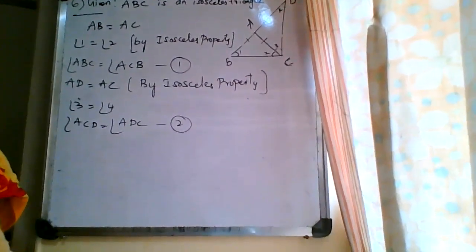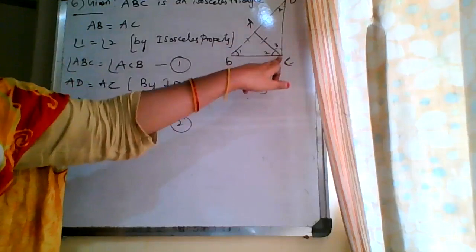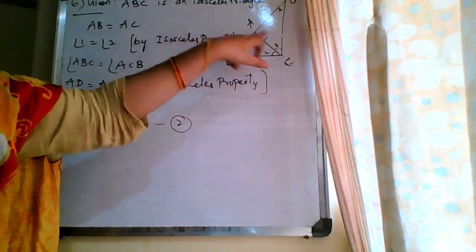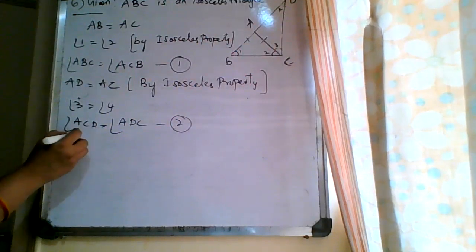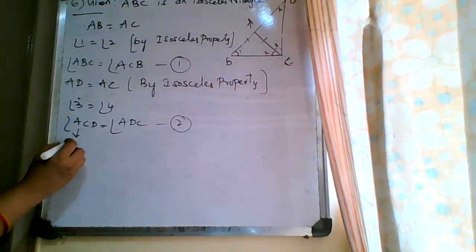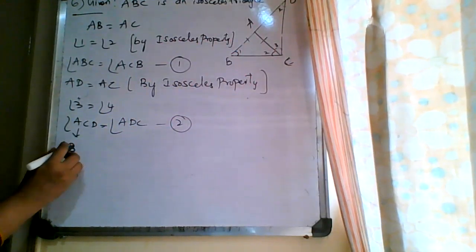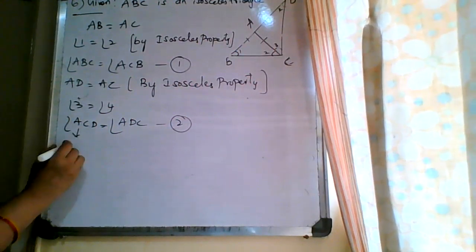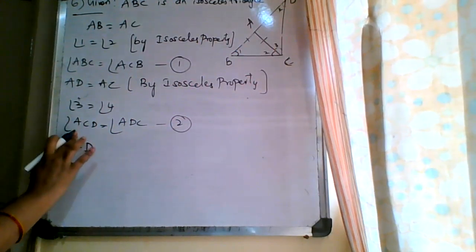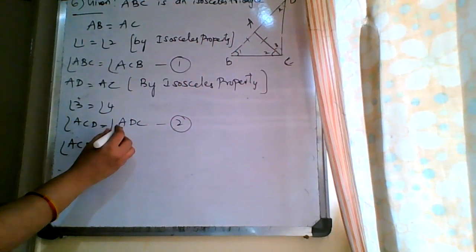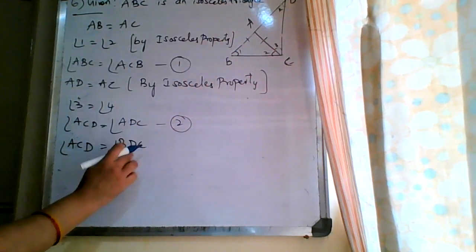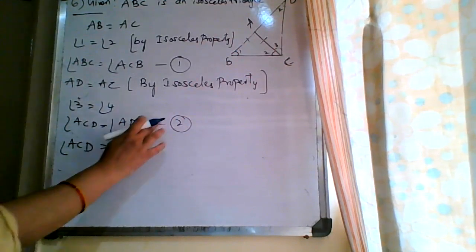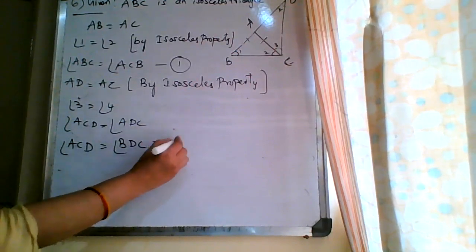If you say this angle is 60 degrees, then CDA is also 60 and CDB is also 60. Instead of writing ACD, I am writing BDC. Both are equal. Now this is equation 2.